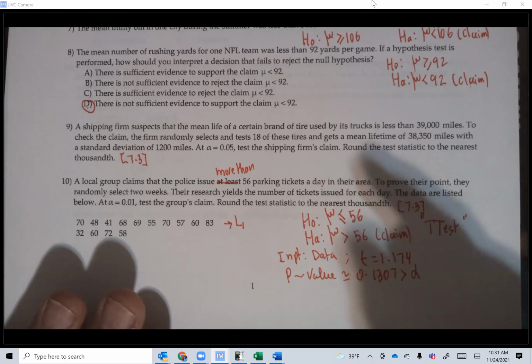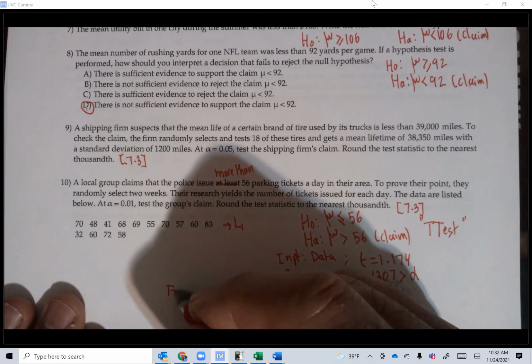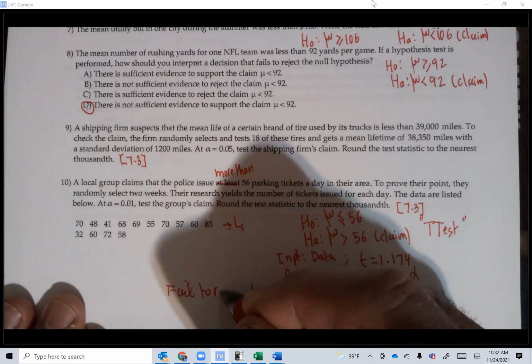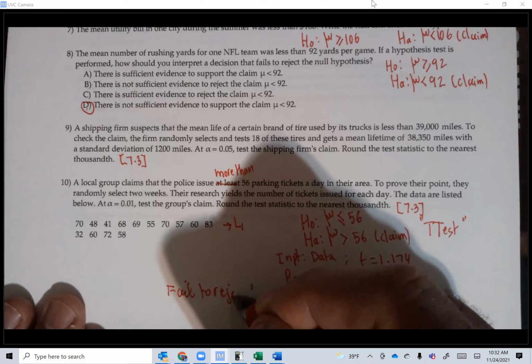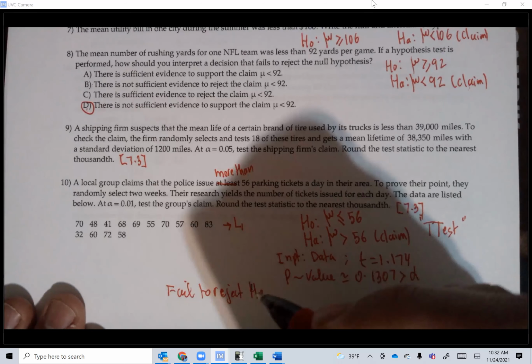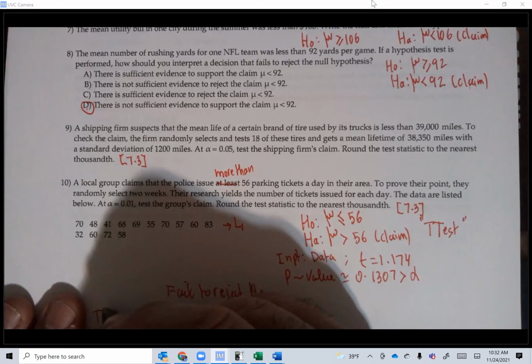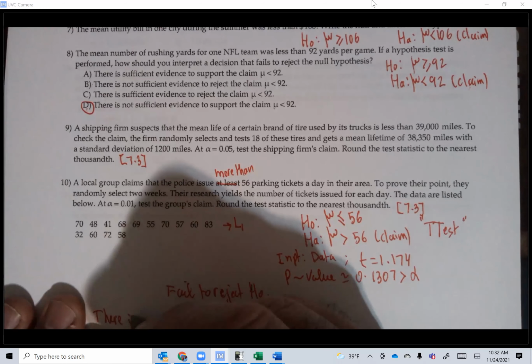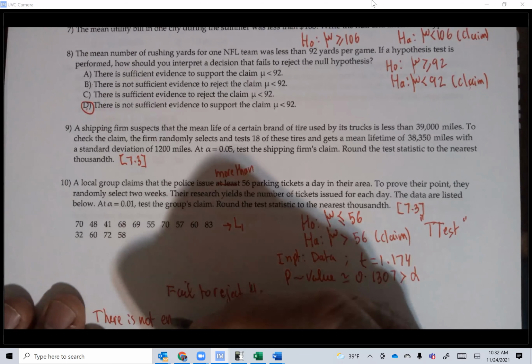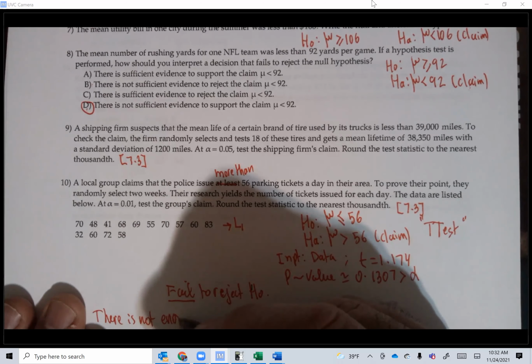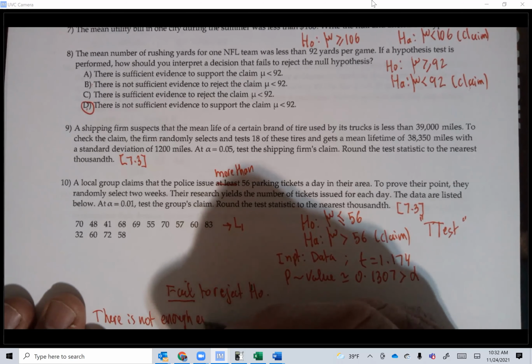Fail to reject H0. And you guys say there is not. Why do we say not? Because you fail to reject H0. There is not enough evidence.